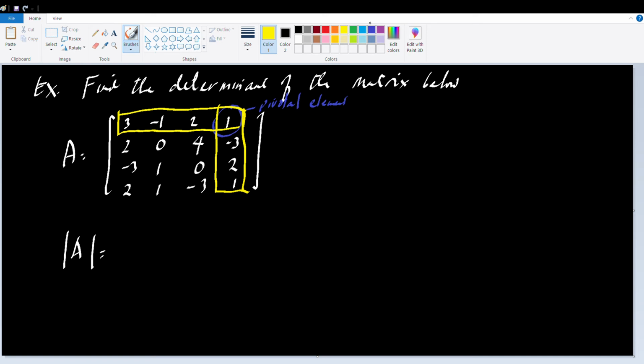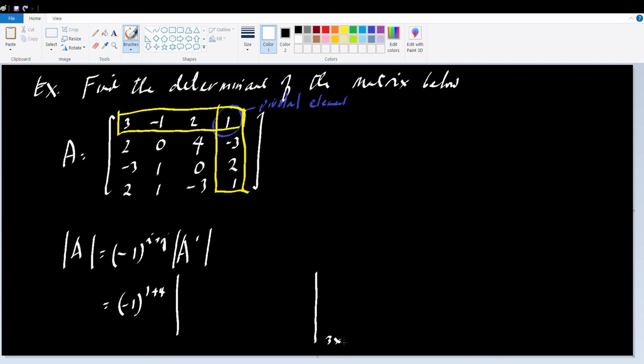By the way, there is a factor of -1 in the definition of the determinant: -1 raised to i plus j times the determinant of A prime. So that will be -1 raised to, our pivot is along the first row, fourth column. Then the determinant of a 4 by 4, after deleting row 1 and column 4, will be a 3 by 3 matrix.